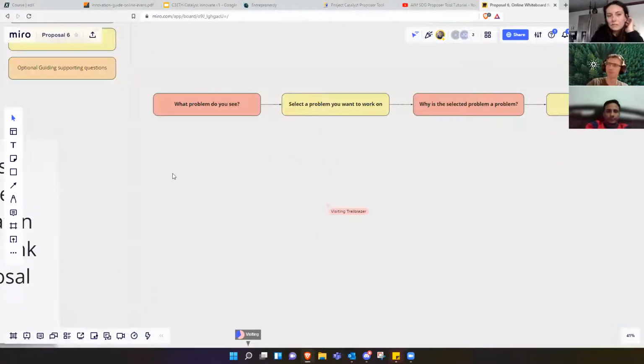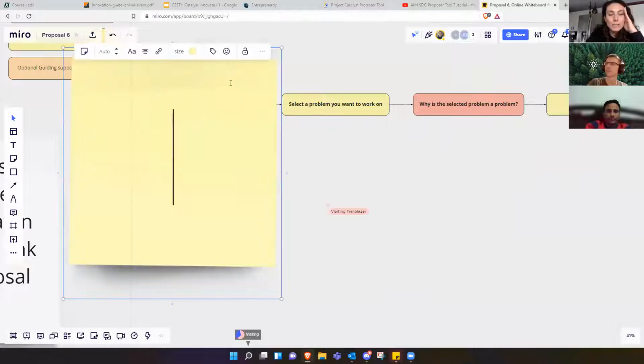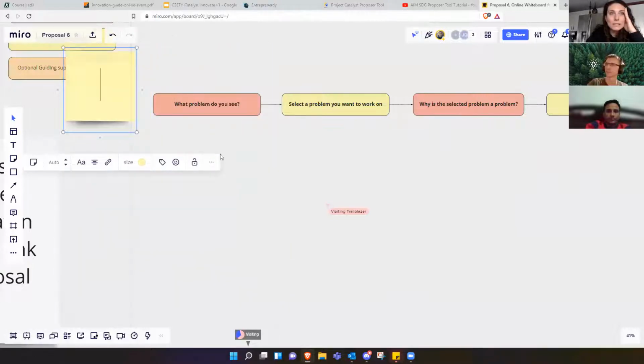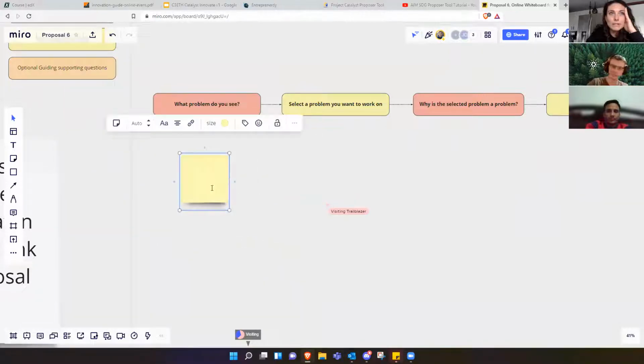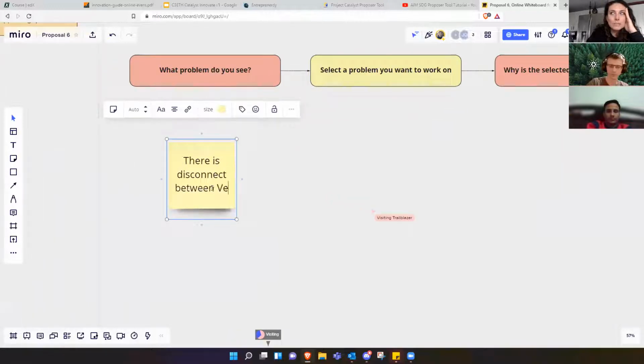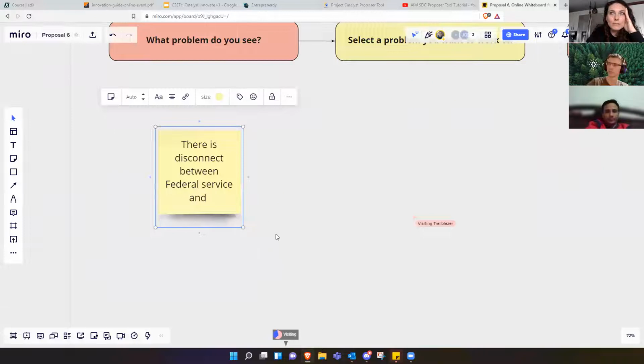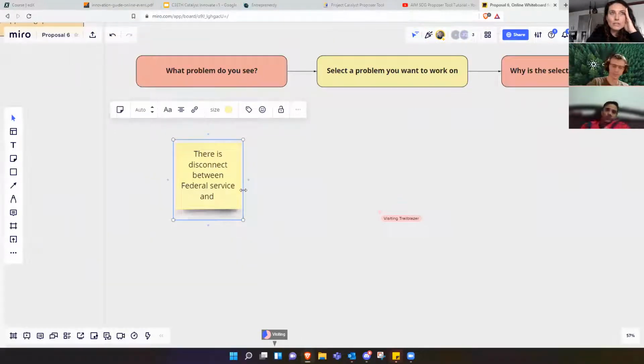I have a number of things that I want to propose, but one of the ideas is that there is a disconnect between the Department of Defense and the Veterans Association as far as identification is concerned. When veterans are done with their service and have left active duty, they go to the VA to get their benefits. However, they are told that there's no record of them, so they have to prove their identification, and there are all these extra steps.